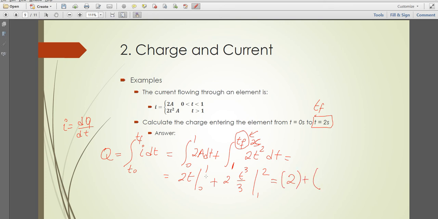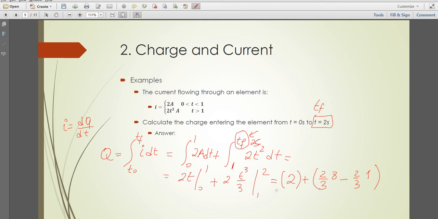The second part will be 2/3 of 8, since 2 cubed is 8, minus 2/3 of 1, which is 1 to the power of 3.